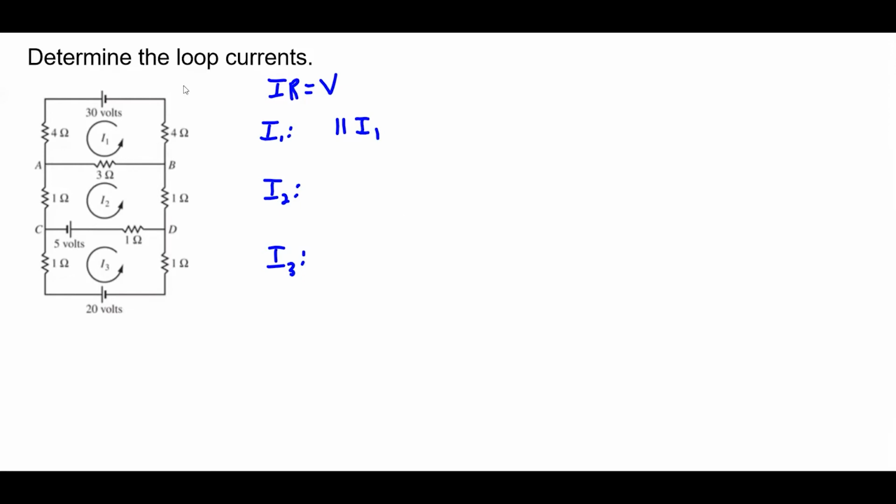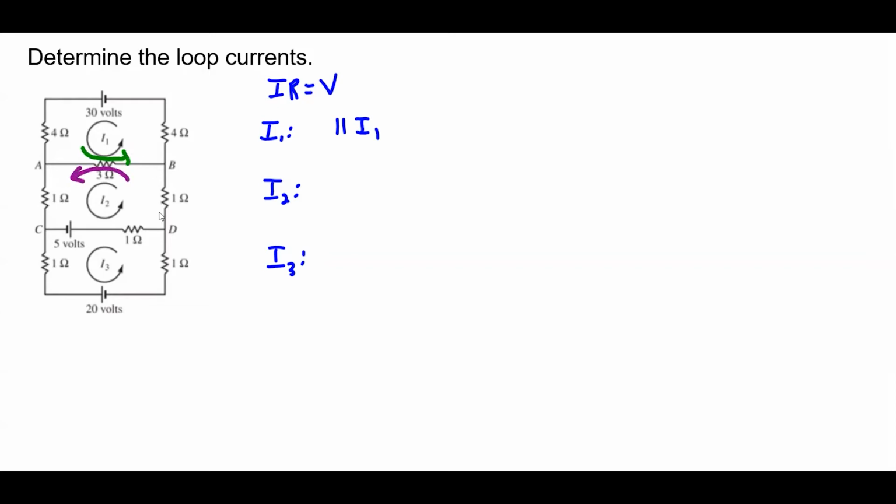And it's also sharing this resistor with the second loop. So we're going to multiply this by the second loop as well. And if you can see the direction of these loops, this one's going this direction and this one's going in the opposite direction.